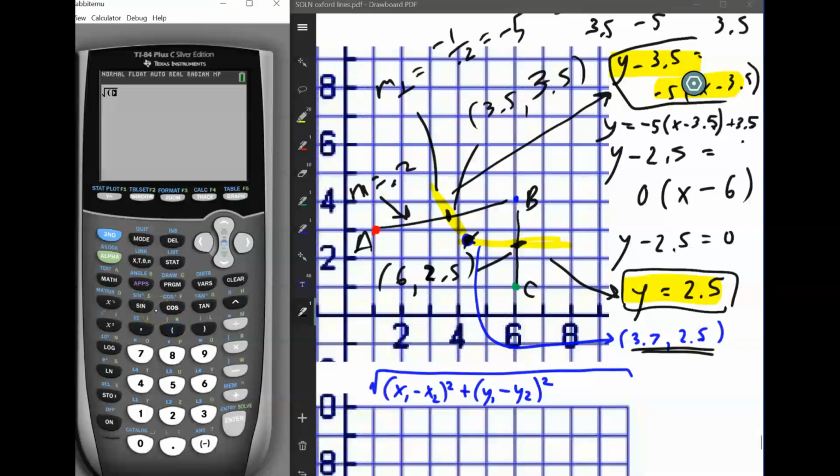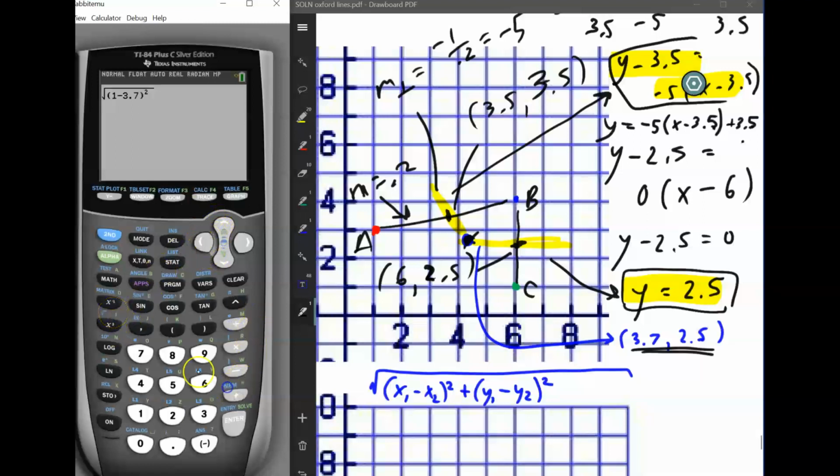Okay, so my red point is 1, 3, right? So I'm going to do 1, and then minus 3.7, which is my black x coordinate. And then I'm going to put squared.